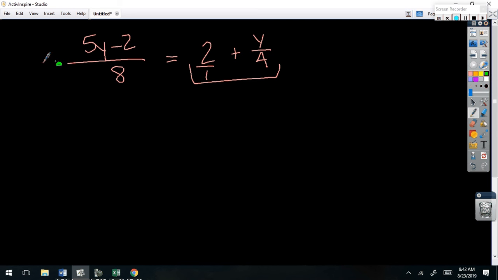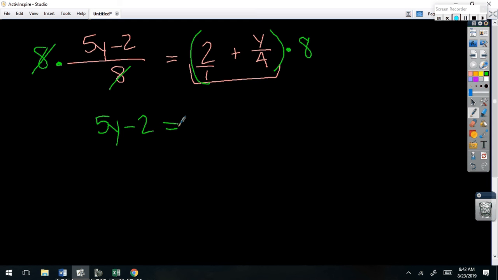If we multiply by 8 here, now here's where you have to be careful. I'm multiplying this side by 8, which means everything. It's going to have to distribute, okay? But here it cancels, right? So now I have 5y minus 2 equals.